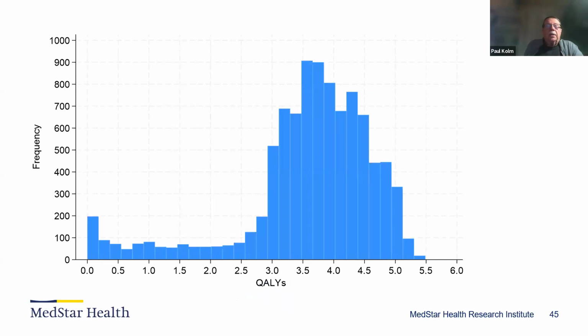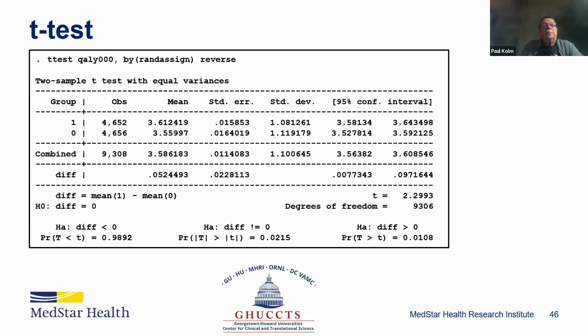And so we would look at this and say, well, maybe doing a parametric test wouldn't be the best thing. So what are we going to do to test whether there's a difference in qualities between the treatment and the control group? Let's do just a regular parametric t-test and see what we get. Again, we have a fairly equal number in the groups, 4652 versus 4656.